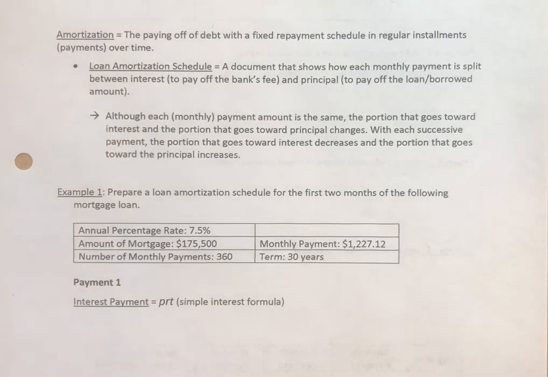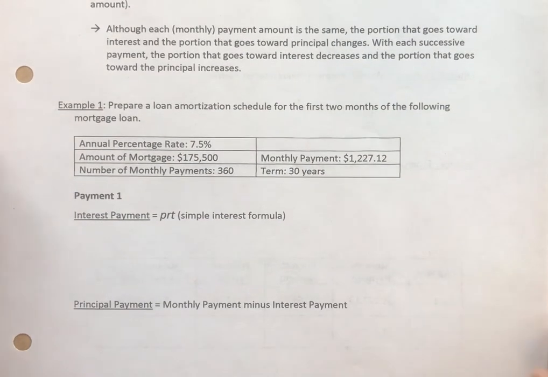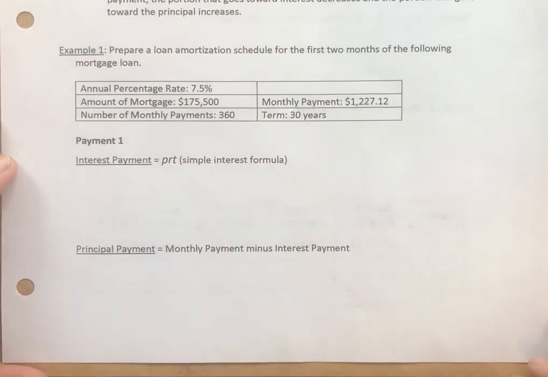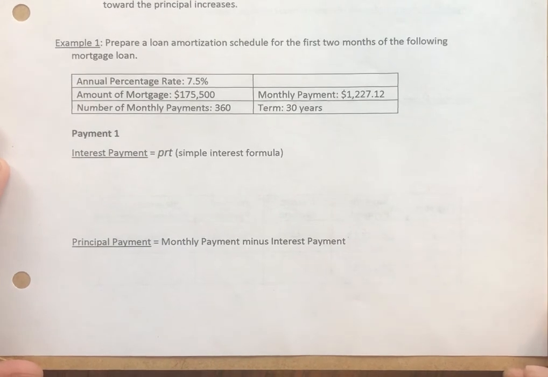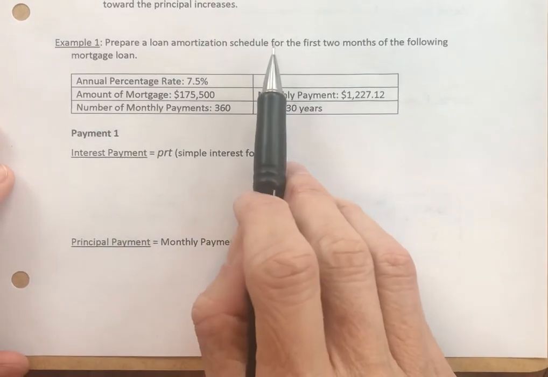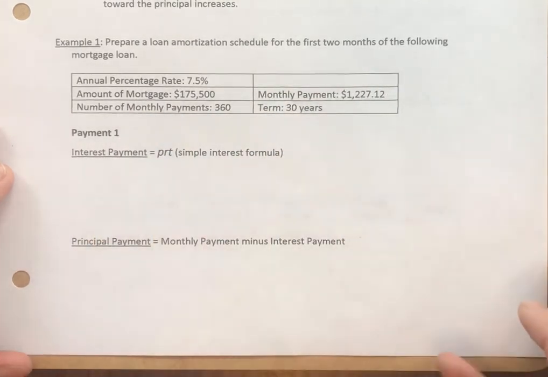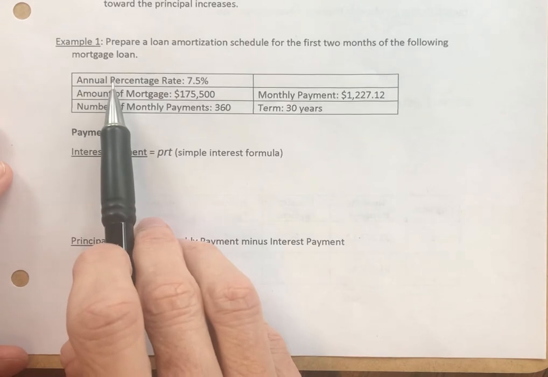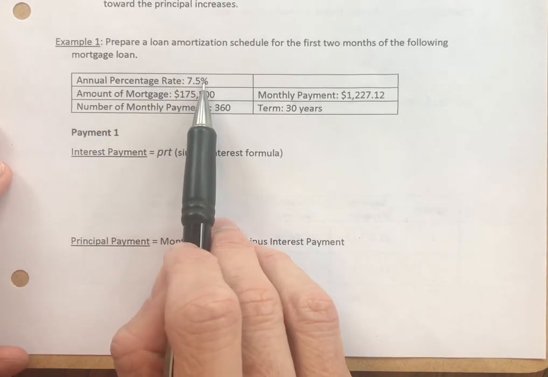So here's our example. We're going to use the same loan we used in the video on mortgages. We want to prepare a loan amortization schedule for the first 2 months of the following mortgage loan. If you'll recall, that loan had an interest rate of 7.5%, fixed.